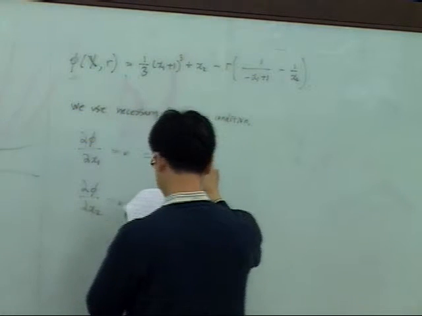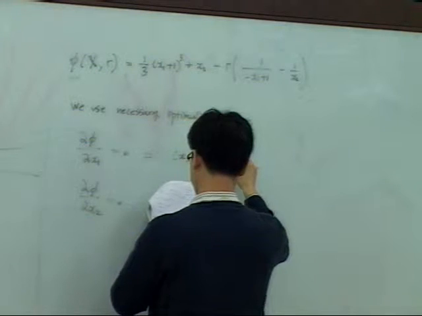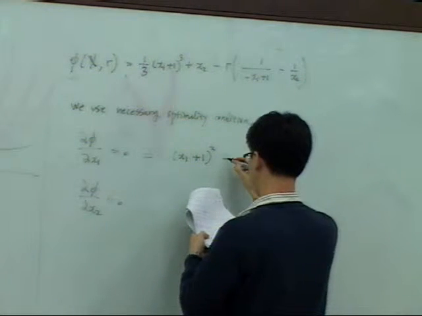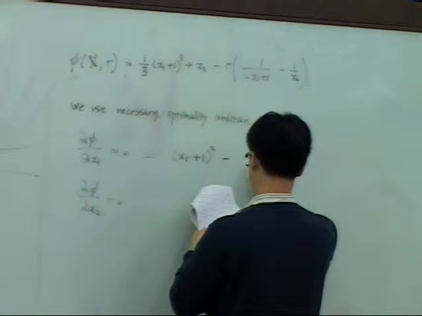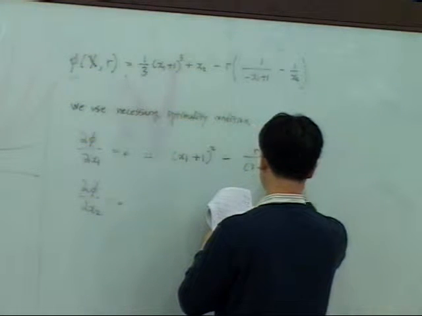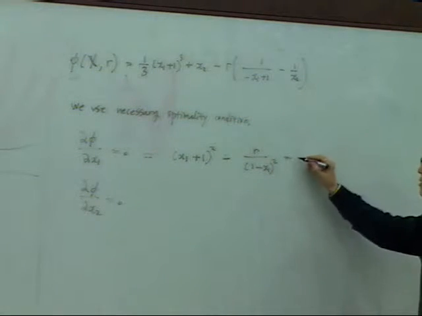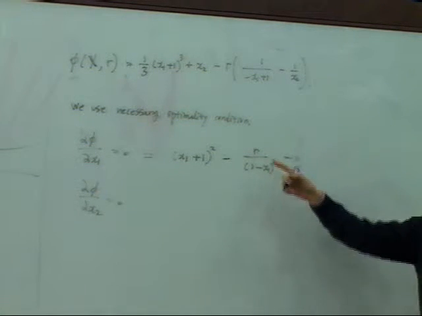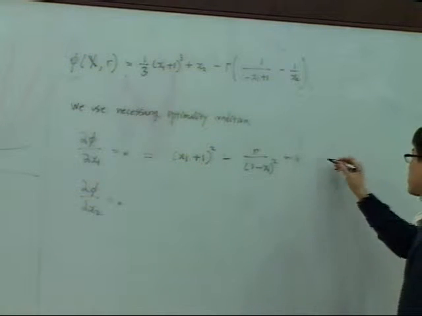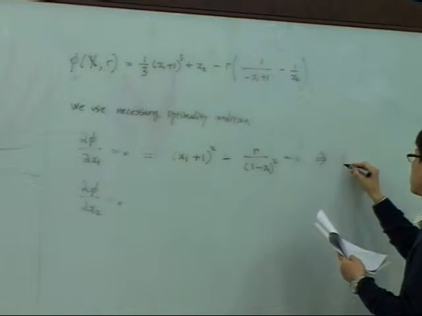This one is one minus r over x1 squared is equal to 0, and if you do your mathematics, the x1 should satisfy this equation.